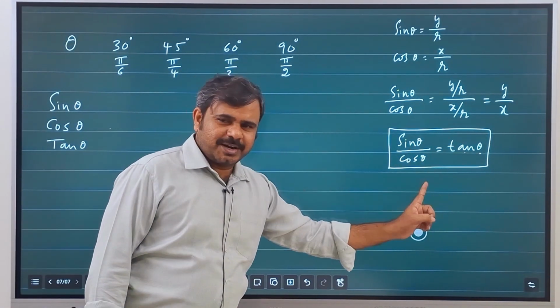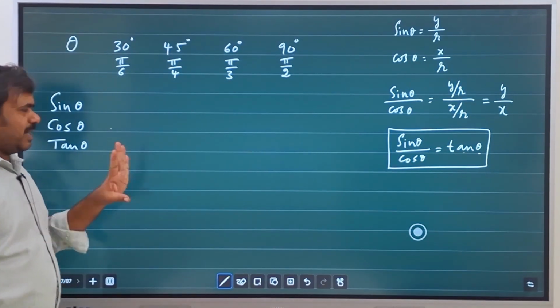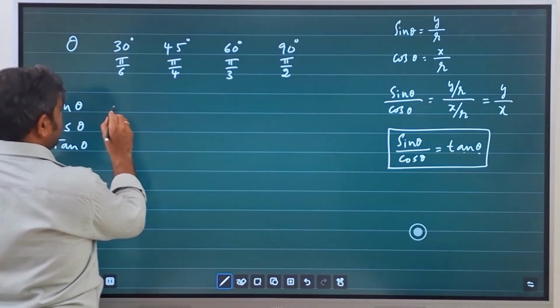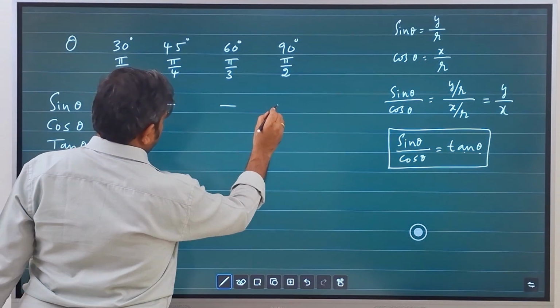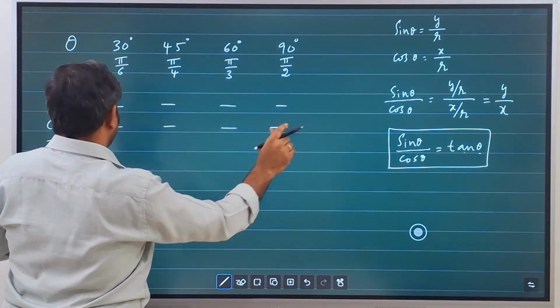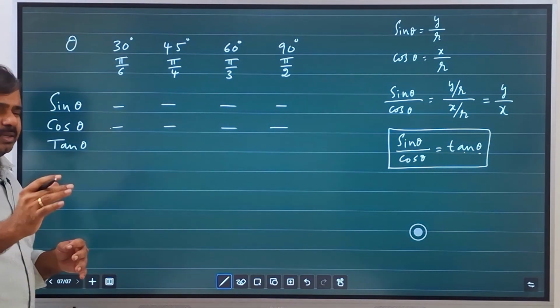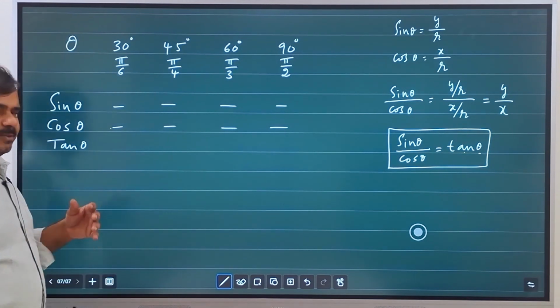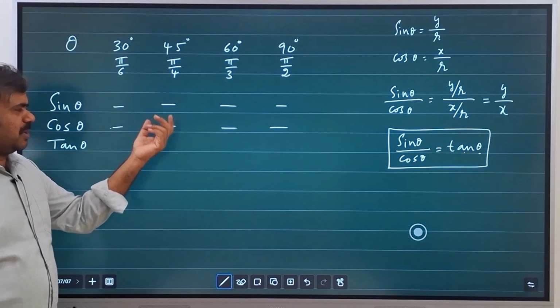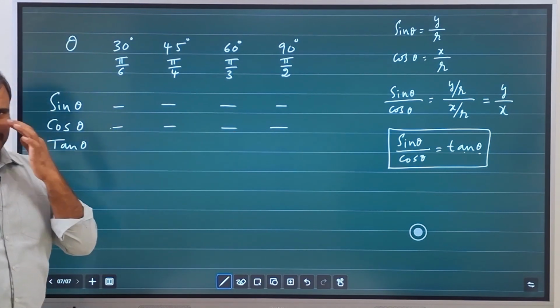Sine theta divided by cos theta is equal to tan theta. So we only have to fill these two rows. Of course, if you write down the first row, the second row is easy to find by using a trigonometric identity. We will derive it later. But anyway, let's find out sine theta values and cos theta values for all these angles.